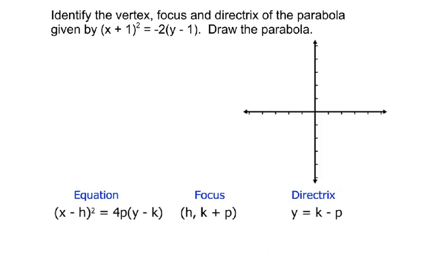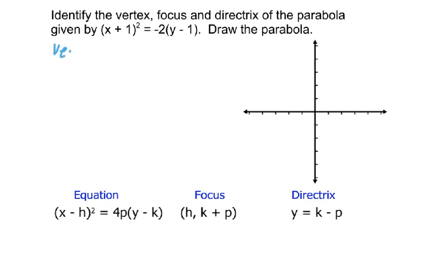Identify the vertex, focus, and directrix of the parabola given by x plus 1 quantity squared equals -2 times the quantity y minus 1, and we are going to draw the parabola. So for this one, we are not located at the origin. Our vertex is at a different spot because we have our h, k to deal with.